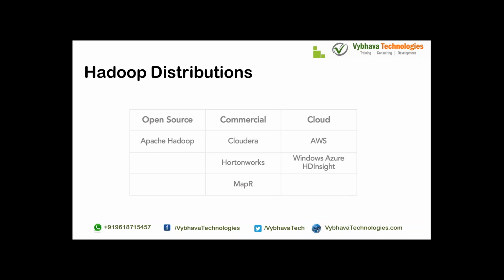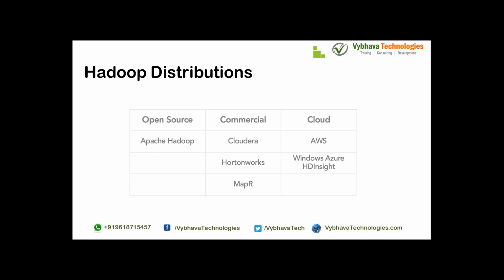Cloud is ready to use, pay per use. Open source is Apache Hadoop, commercial versions are Cloudera, Hortonworks, and MapR, and cloud versions are Amazon AWS and Windows Azure.